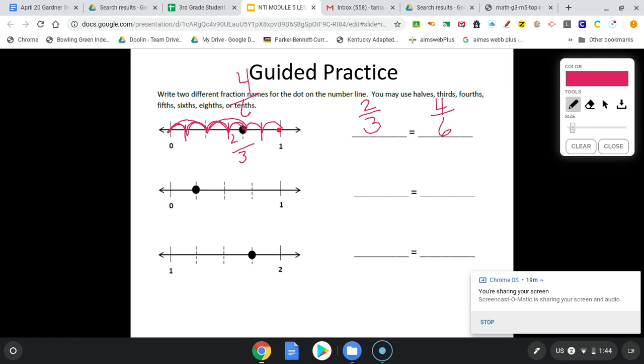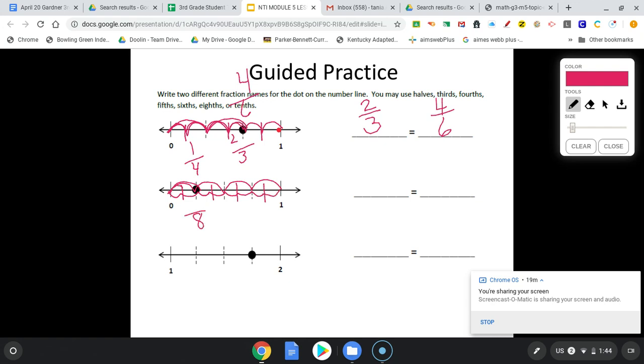Okay, you ready, boys and girls? Let's give it a try. So we have 1, 2, 3, 4 equal parts. So we know it's going to be fourths. And we're at 1/4. So now let's double that. Let's partition each fourth again. And now we have 1, 2, 3, 4, 5, 6, 7, 8 equal parts.